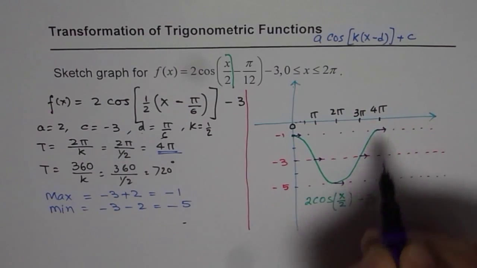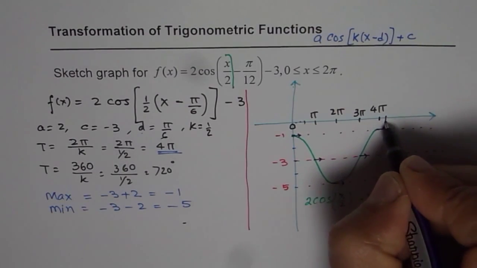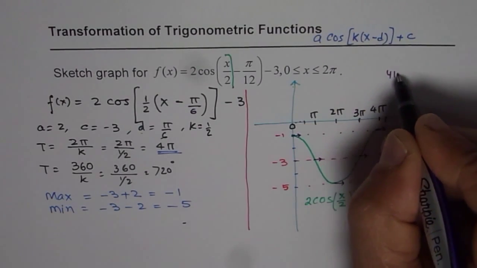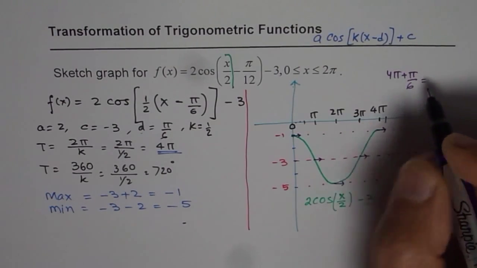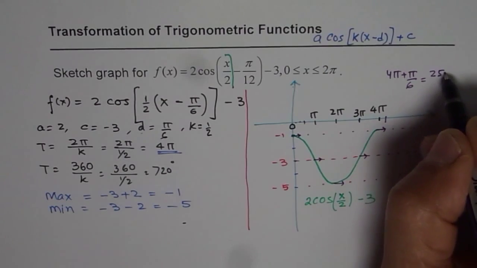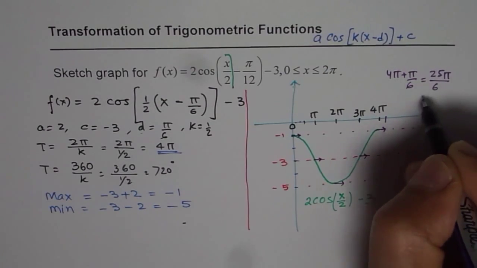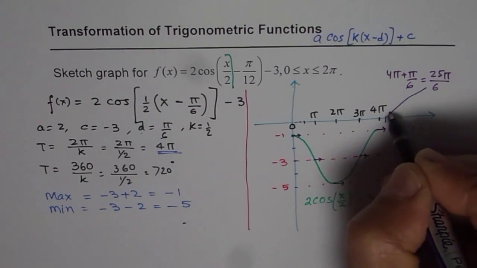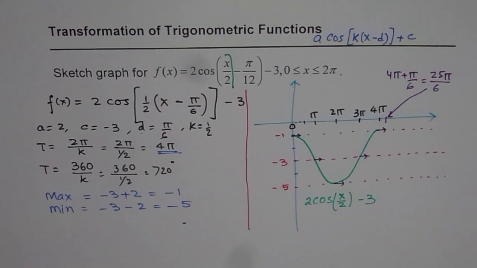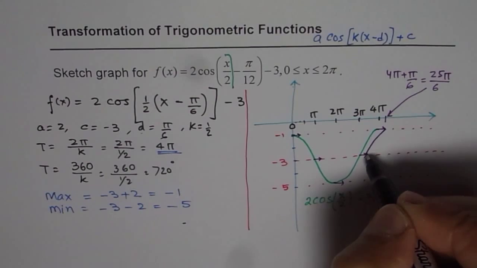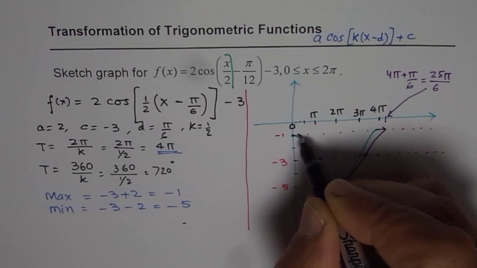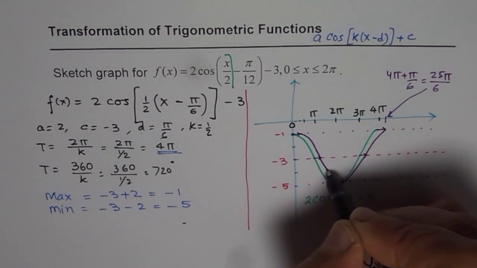Do you get the idea? So it ends at, let me calculate here, 4 pi plus pi by 6, which is 4 times 6 is 24 plus 1, 25 pi by 6. So that is this point, 25 pi by 6. Perfect. Every point shifts, so I can actually join these points and draw my transformed final function.